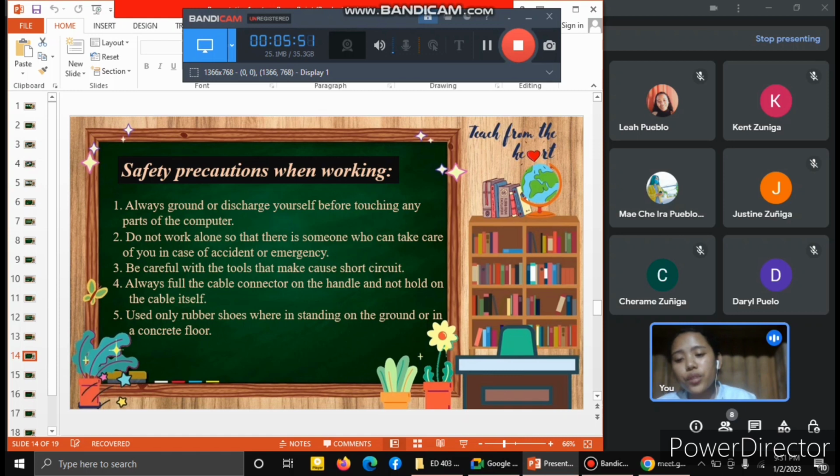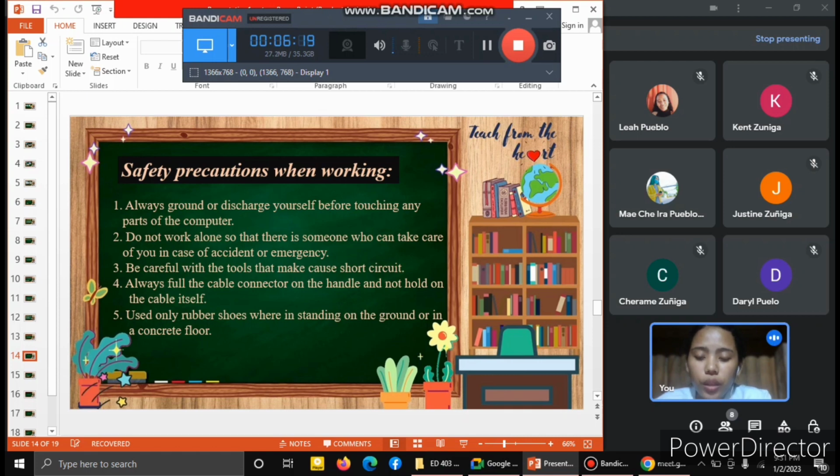The first is always ground or discharge yourself before touching any parts of the computer. This applies when we disassemble and assemble computers. The second is do not work alone, so that there is someone who can take care of you in case of accident and emergency.